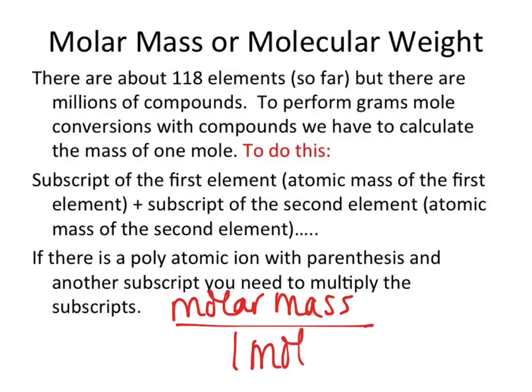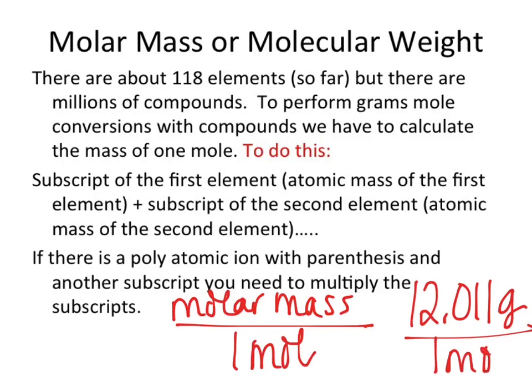So everybody on the periodic table is in 1 mole, like we talked about yesterday. So if I had 1 mole of carbon, what would its molar mass be? 12.011 grams in 1 mole.